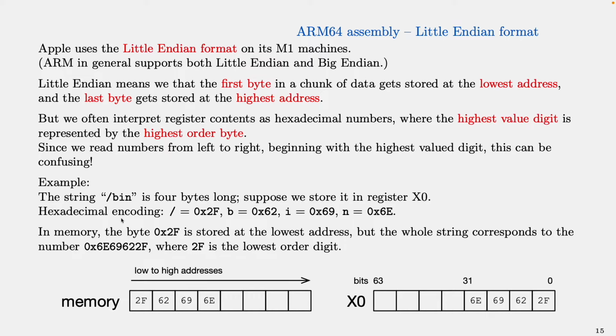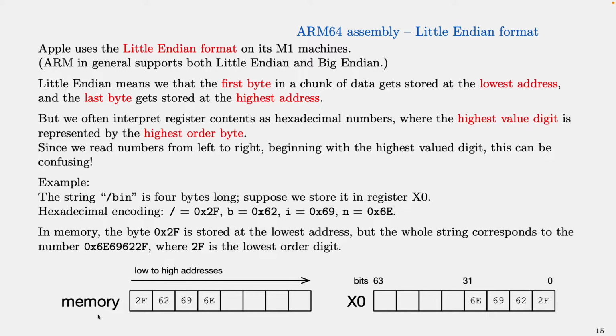However, if we read this as a hexadecimal number, we reverse the order, because the last byte at the highest address corresponds to the highest order digit in the hexadecimal number. So it would be read like hex 6E, 69, 62, 2F, where 2F corresponds to the slash.